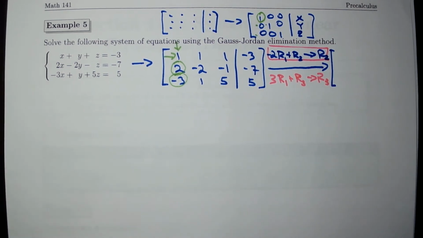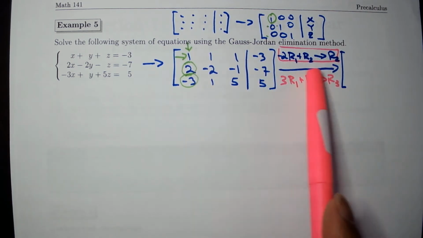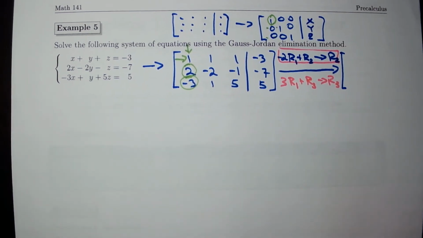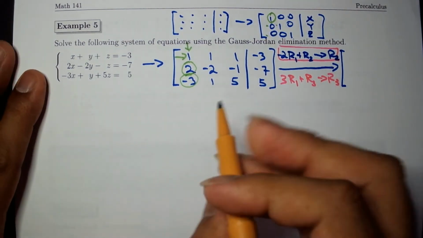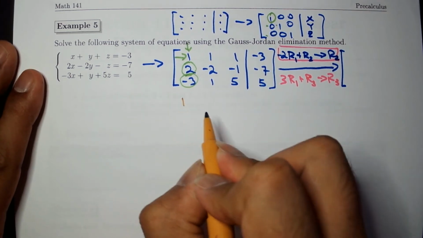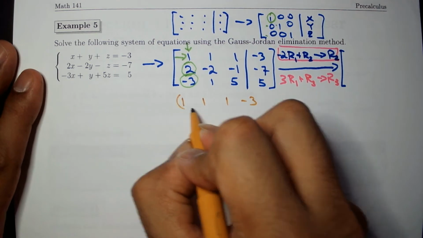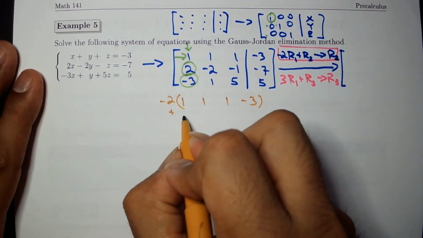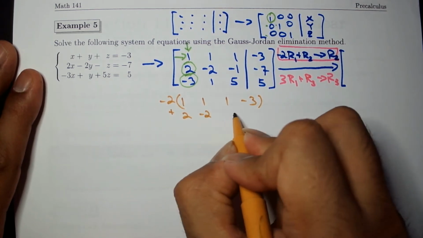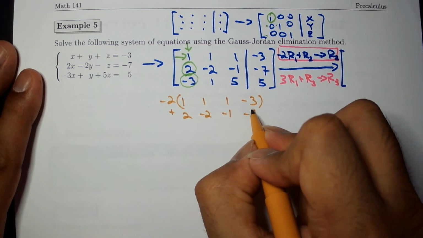Typically, if you read the textbook or have seen this before, we're asked to do this in our heads, but I'd rather write it out instead. So for the first row, I'm going to write the elements 1, 1, 1, negative 3. I'm going to multiply by negative 2, and add those to the second row. I'm doing the operations on the side.